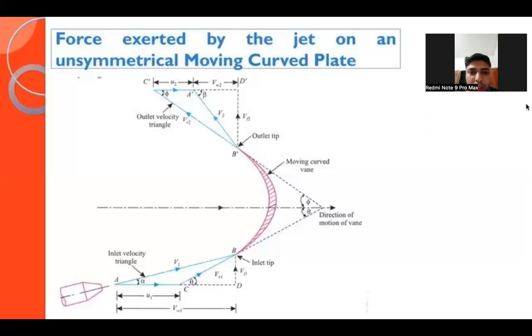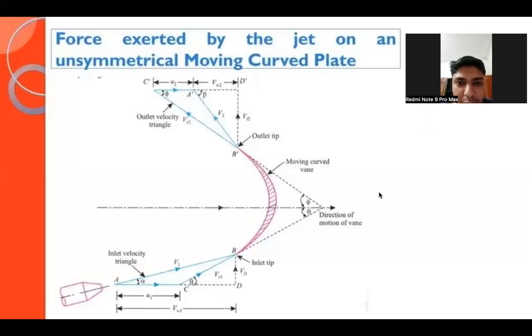At the outlet, we see vr2, which is the relative velocity of water at the exit. v2 is the actual velocity that we can see at the exit, and u2 is the velocity of the blade. vf2 is the vertical component of vr2, and vw2 is the horizontal component of vr2.